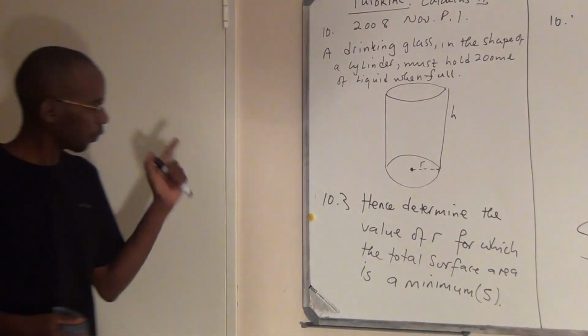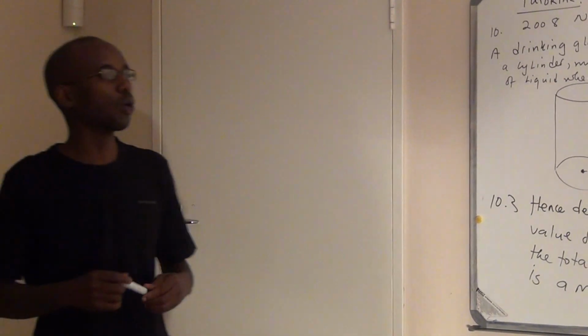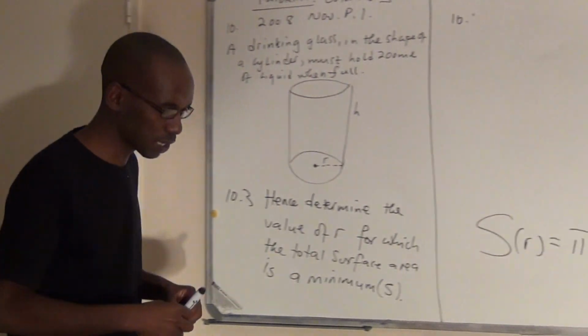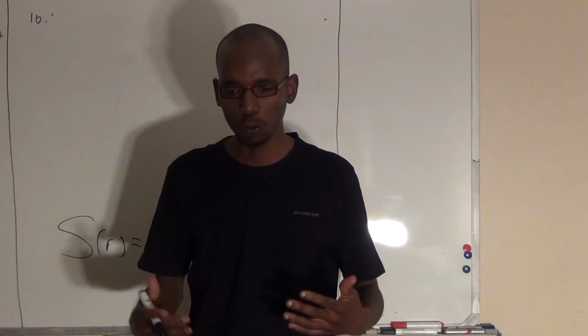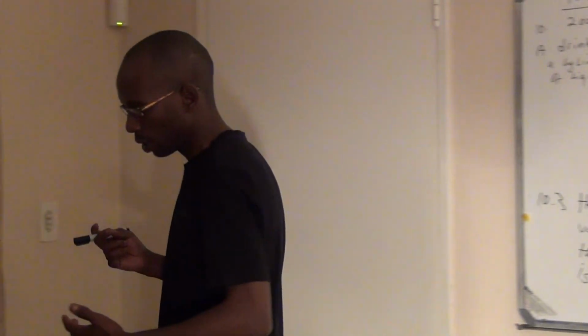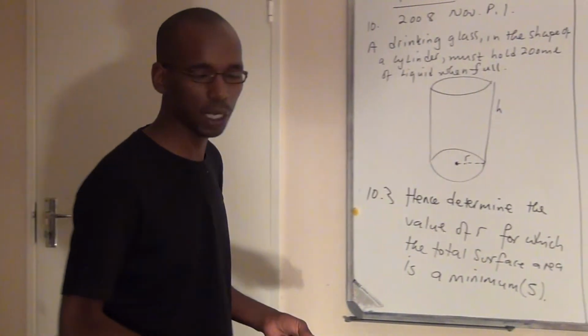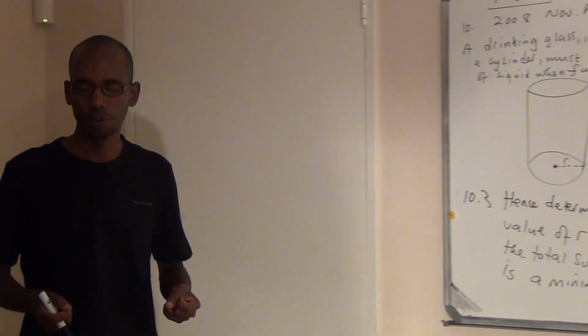What is the question saying? Determine the value of r for which the total surface area is a minimum. What do we know from our differential calculus? We know that we can talk of stationary points, we can talk of minima, we can talk of maxima by simply understanding that at a minimum turning point, at a stationary point, at a maximum turning point, our derivative is always equal to 0.